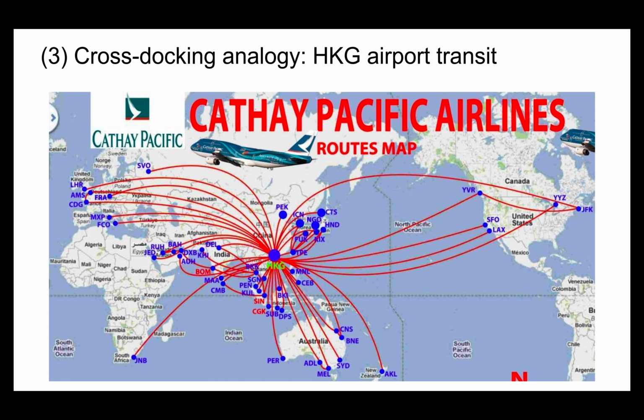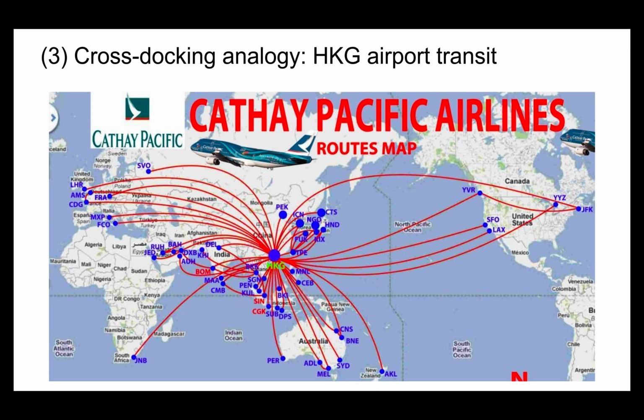An analogy which I like to use to explain cross-docking is transiting in the Hong Kong airport. Many people who want to fly from Europe to Australia using Cathay will have to fly through the Hong Kong airport, because it is Cathay Pacific's hub.